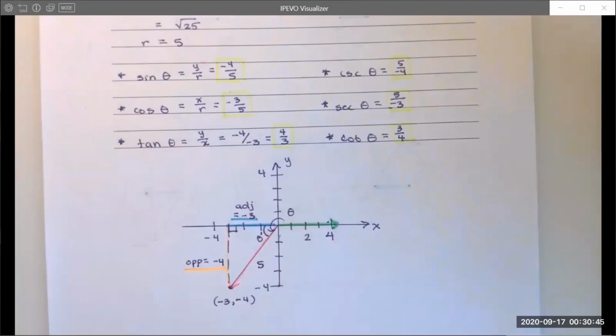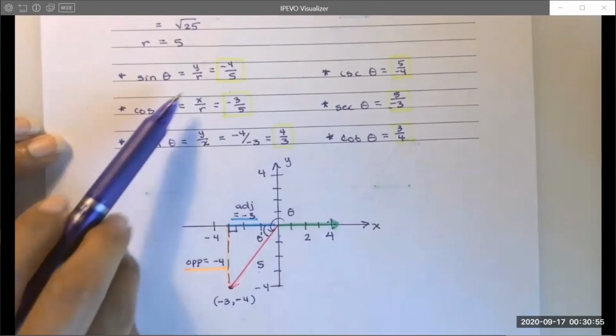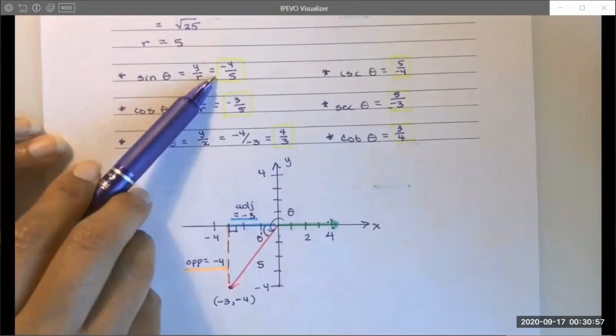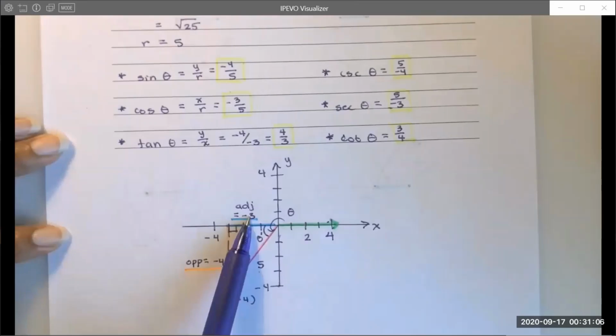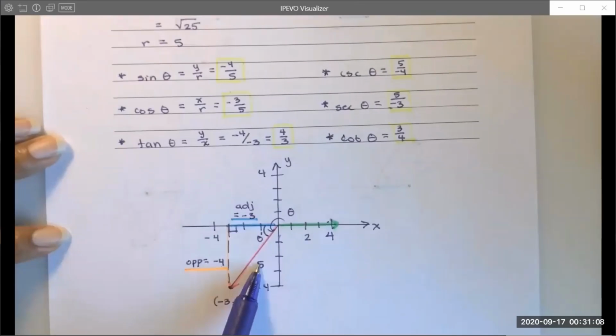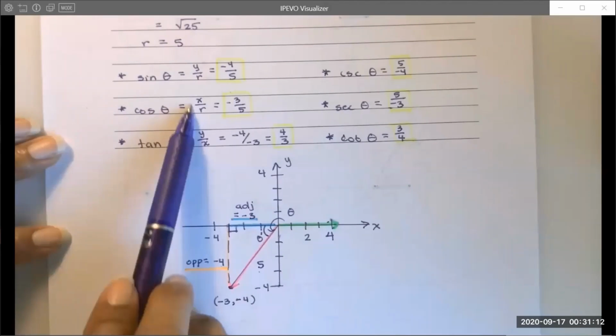Now, based on this diagram, if we try to find sine, cosine, tangent, sine would be opposite, which is -4, over hypotenuse, which is 5. And that's exactly the same thing that we got from applying the formula. If we want to find cosine, it would be adjacent, which is -3, over hypotenuse, which is 5. And again, that's the same exact thing that we got simply by applying x over r.